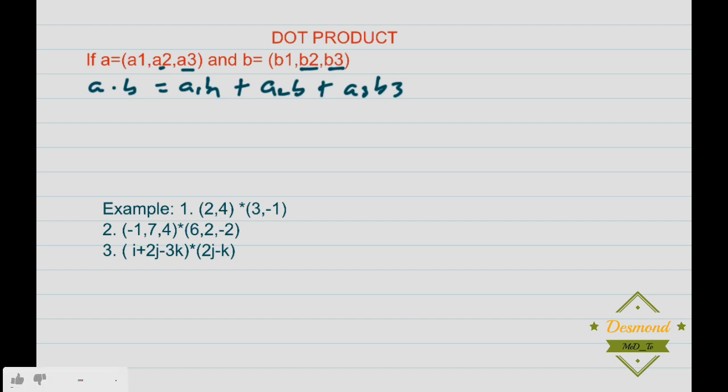So what about the two-dimensional form? Let's say we have (A1, A2) dot (B1, B2). How do we find the dot product of these vectors?